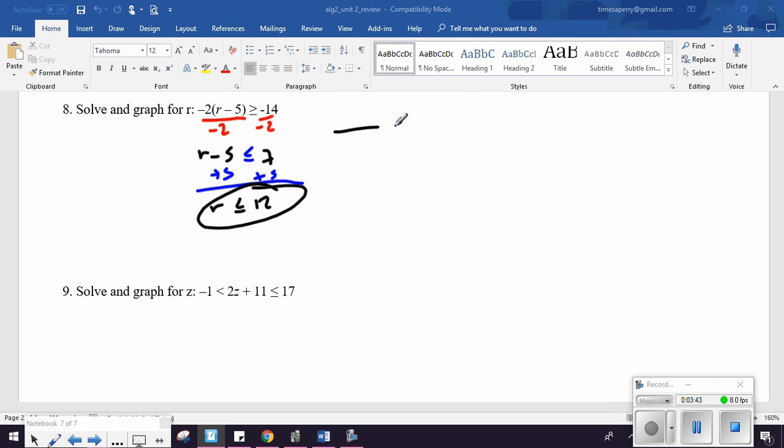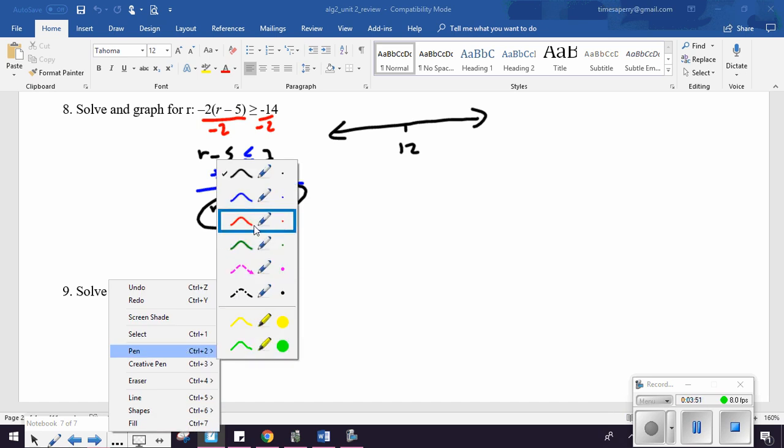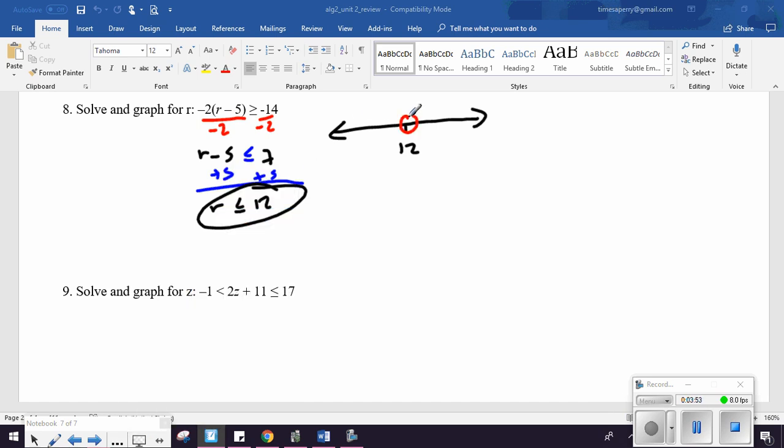Now on a graph, you would have a closed dot on 12 because the equal to bar is present. And you would shade everything to the left because the inequality is pointing left, as well as it stands for less than, so smaller numbers are on the left of 12.